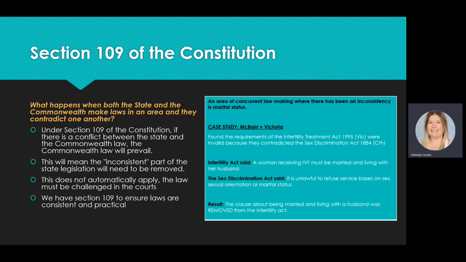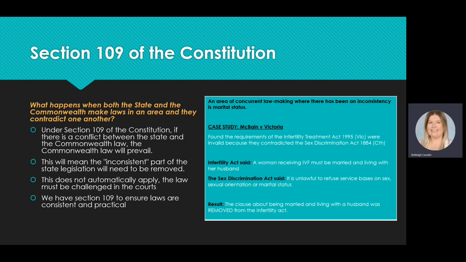We had the case study of McBain v Victoria. Now, what happened was the courts found that the requirements of the Infertility Treatment Act 1995 in Victoria were invalid because this new act in Victoria actually contradicted the Sex Discrimination Act 1984, which was a Commonwealth law.